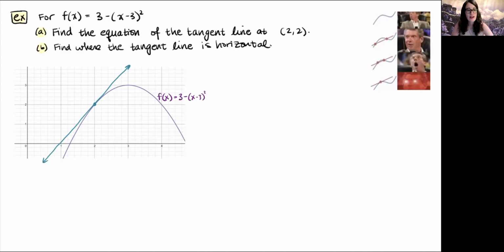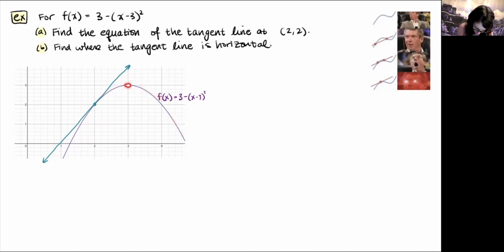And then we want to find where the tangent line is horizontal. So remember, horizontal lines are like this. They are flat. They're like the horizon. Their slope is equal to 0. So you can maybe see from the graph where that will happen. It looks like there's a positive slope tangent line here, another positive slope tangent line here. Over here it's negative, and here it's even steeper, but negative.